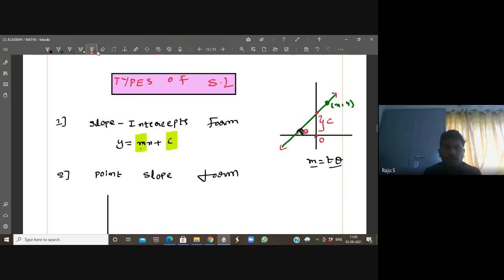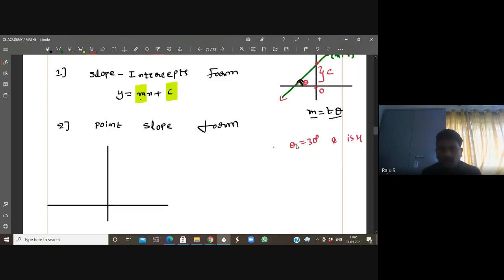For example, how are they going to ask the question? Find the equation of the line which makes an angle theta equal to 30 degrees and has y-intercept 4. They may give a question like this. So what shall we do?